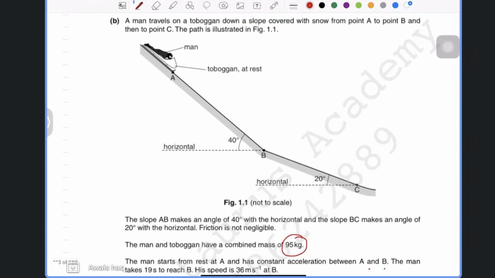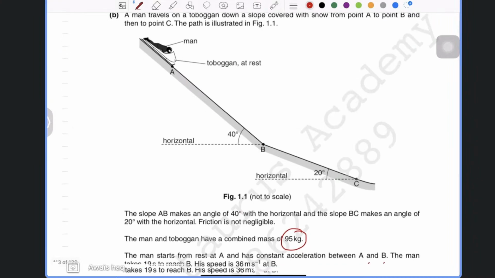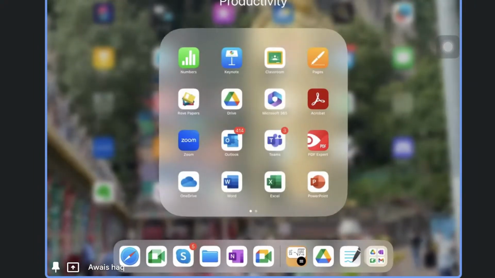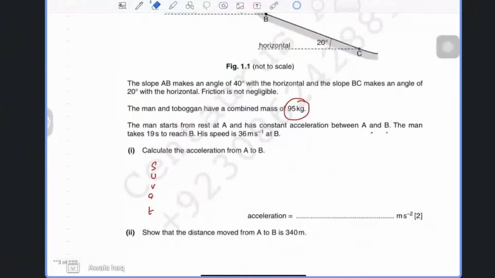So as you can see, this is a classic SUVAT question. Displacement is not given, the initial velocity is 0, final is 36, acceleration is a, and the time it takes is 19 seconds.